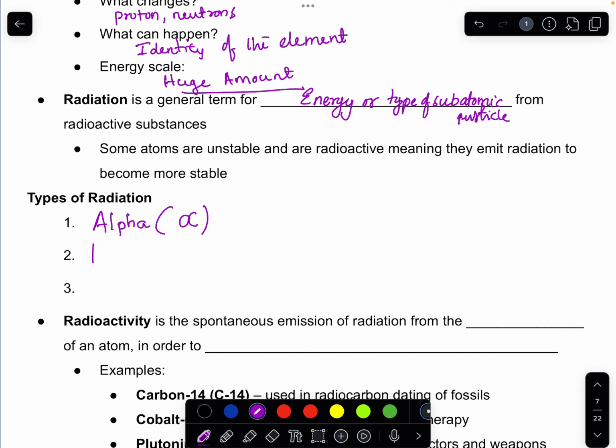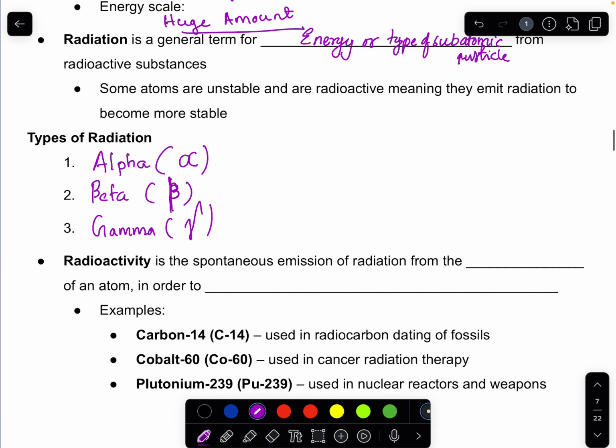Okay, alpha, beta. Beta is like writing a B and adding a tail to it. And gamma, like this. These are the main types of radiation you are going to see.